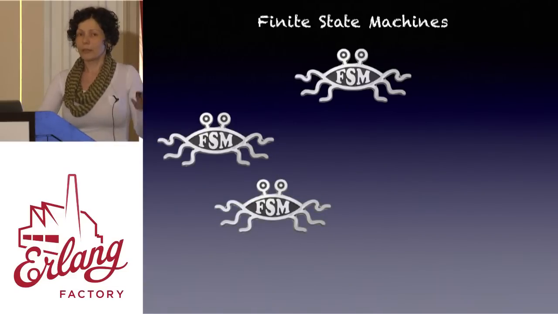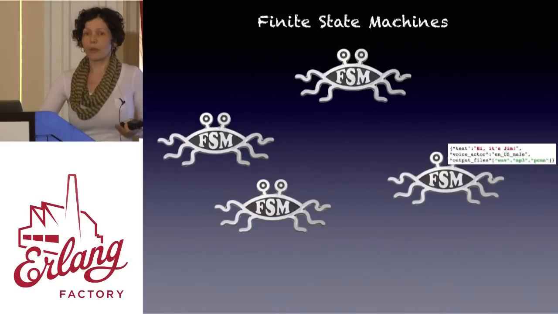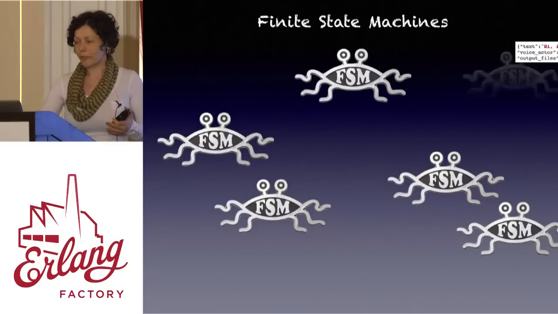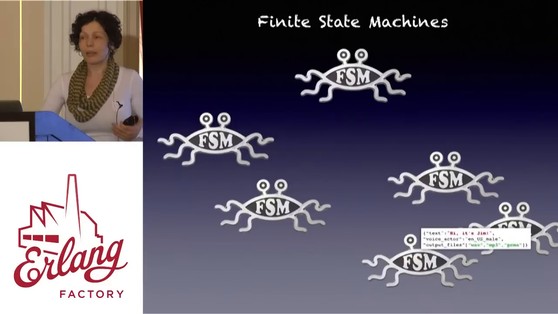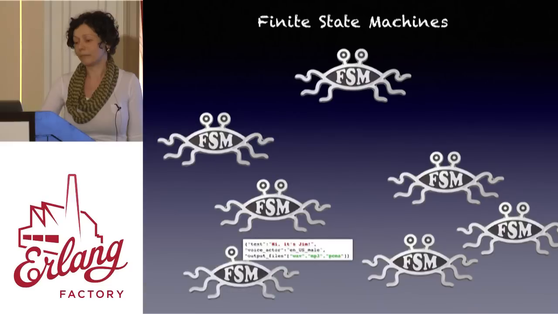We're going to spawn a separate process for every single request that comes into our HTTP server. You'll be getting tired of these FSMs I'm spawning on the screen here. But our server will be getting hundreds and thousands of such requests, and we'll be spawning a separate process for every single one of them.